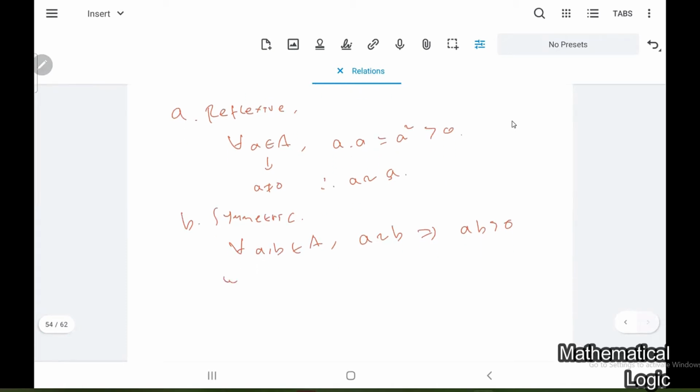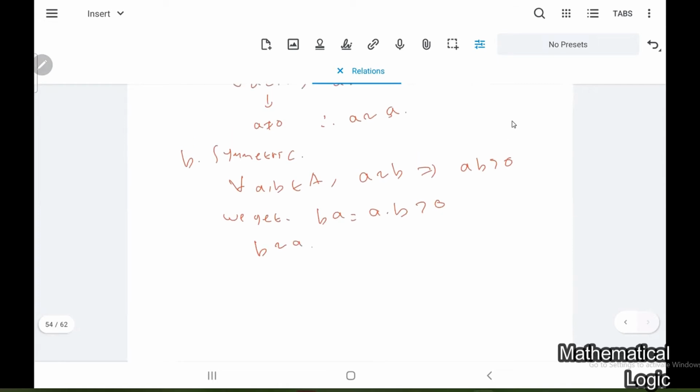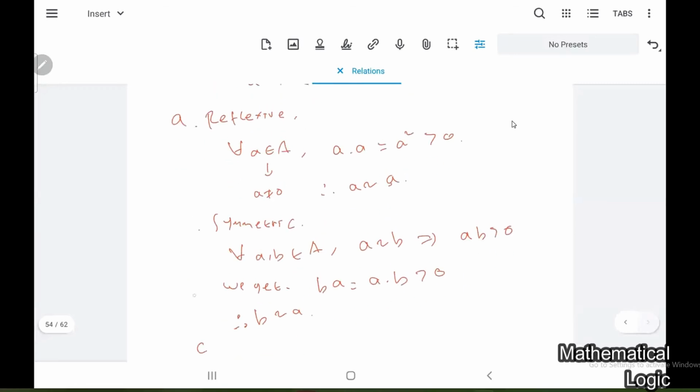We have ba equal to ab. Since ab is greater than 0, ba is greater than 0. So b is related to a, so this is symmetric, right?